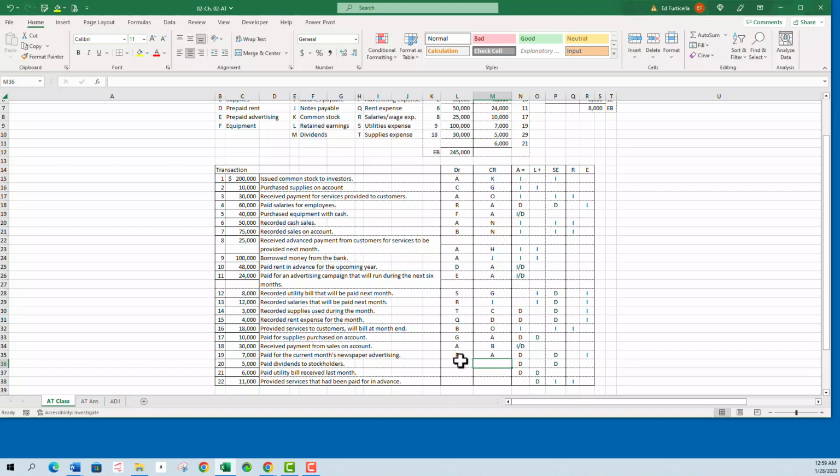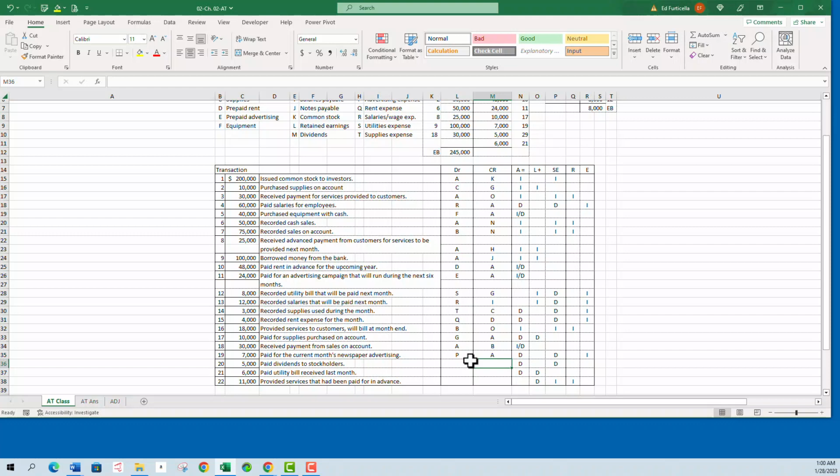There's no future benefit to it. It's over during the month. When there's no future benefit, you have a cost and you record that cost as an expense at the time you incur it. So we're going to debit advertising expense.